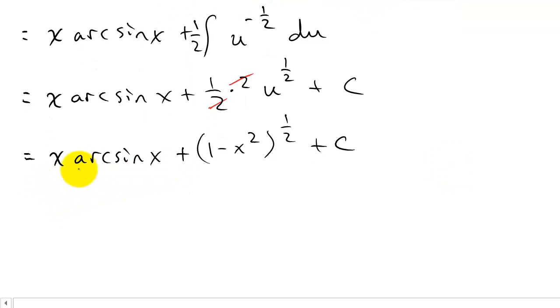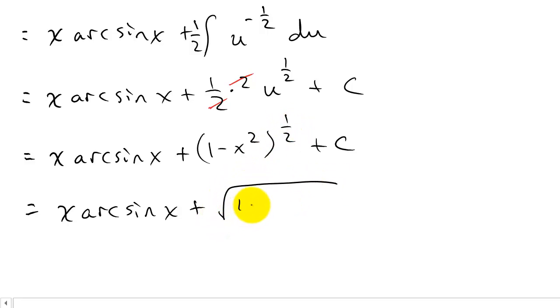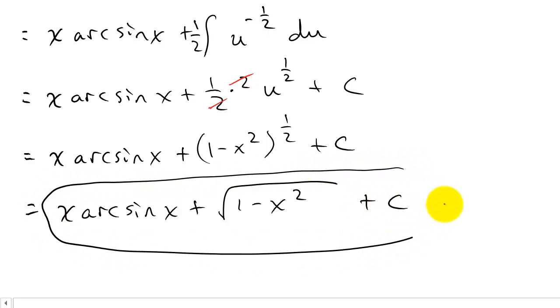And then I guess you could leave it like this. I don't think it would make much difference. It may depend on who your teacher is. But let's just go ahead and write it as x arc sine x plus, and then let's change this 1/2 power back to square root, plus c. And this would be your answer.